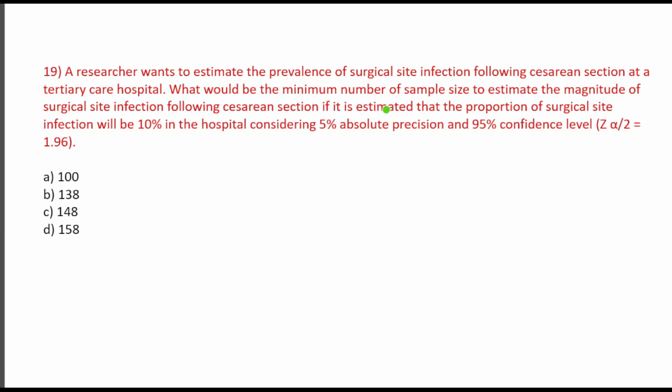What would be the minimum sample size to estimate the magnitude of surgical site infection following a cesarean section, if it is estimated that the proportion of surgical site infection will be 10% in the hospital, considering 5% absolute precision and 95% confidence level. So they have asked the minimum sample size, and they have given the proportions.